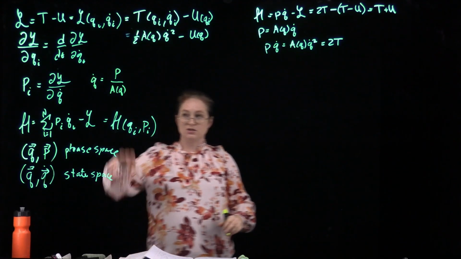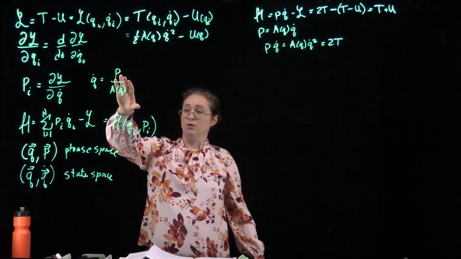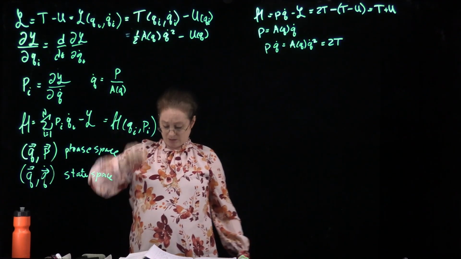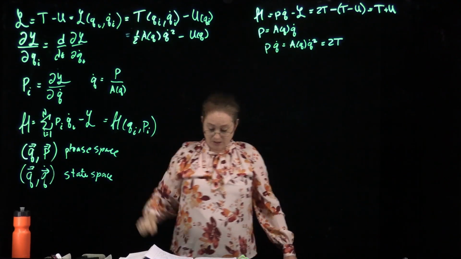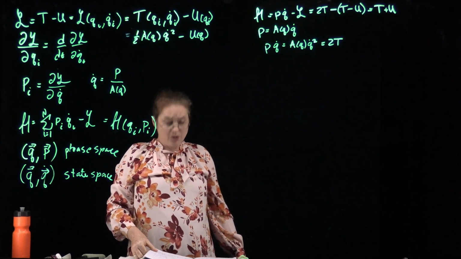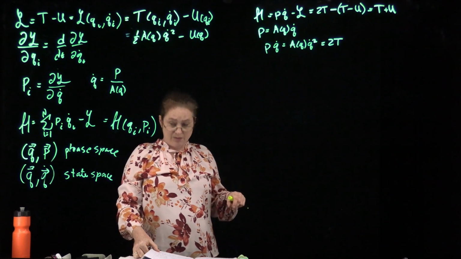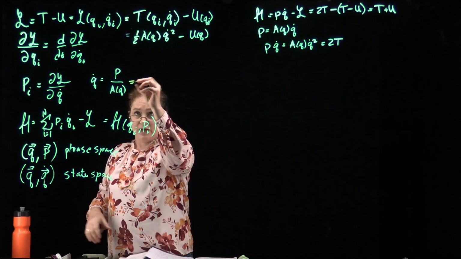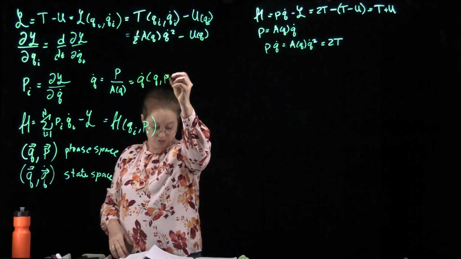So we can always solve to get q dot as a function of the momenta and this function A, whatever the function in the kinetic energy with these generalized coordinates. So whenever q dot appears in the Hamiltonian, we can replace it by q dot as a function of q and p.